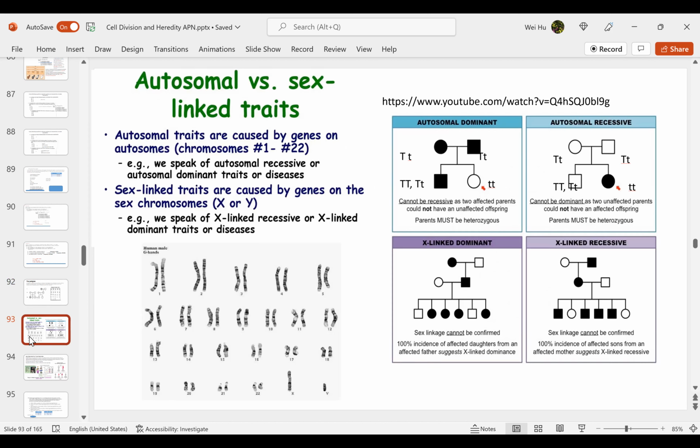There are two kinds of disease. One is called autosomal disease. Another one is sex-linked disease. So let's talk about those two, okay? What's autosomal? Autosomal means that the gene is located on chromosome number 1 to number 22.